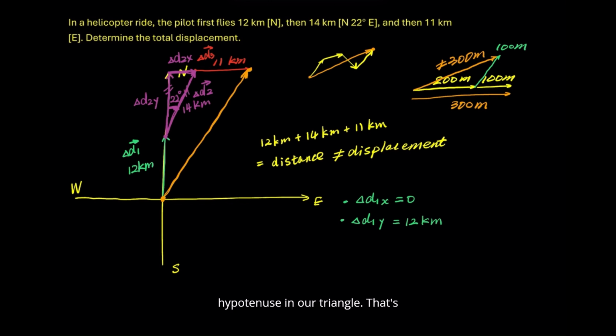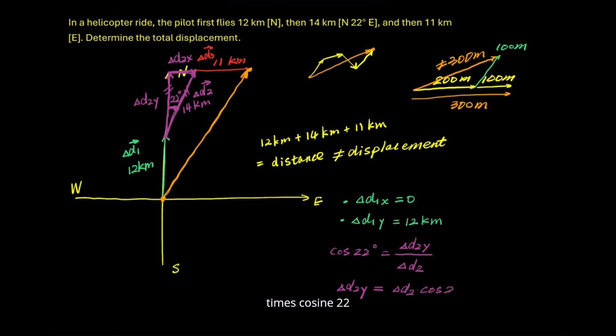In our triangle, that's cosine 22 degrees equals the adjacent side, delta D2y, divided by the hypotenuse, which is delta D2. By rearranging this equation, we can solve: delta D2y equals delta D2 times cosine 22 degrees.